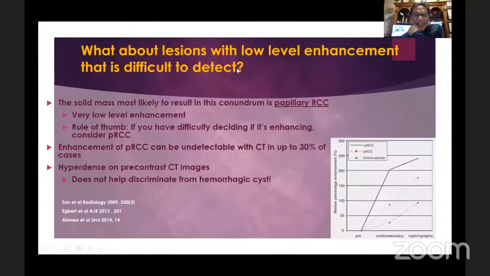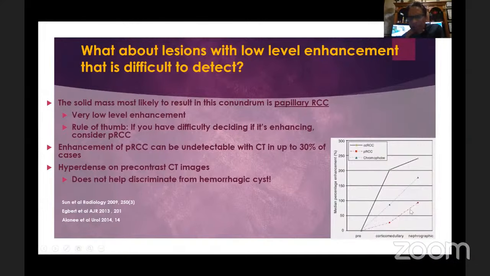How about lesions with low enhancement that is difficult to detect on CT scan? The solid mass which is most likely to result in this conundrum is papillary renal cell carcinoma. As we can see here, this is the enhancement pattern of clear cell renal cell carcinoma, chromophobe type, and papillary type.